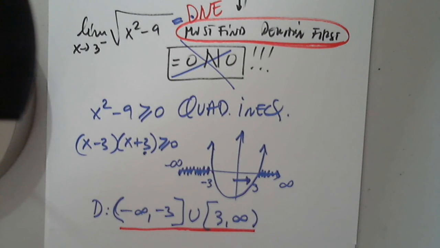I'm going to share my screen. Okay, so here's the function. The square root. Where is my square root? Right there. Square root of x squared minus 9. Let's plug in 2.9.